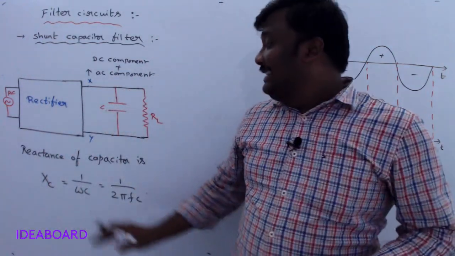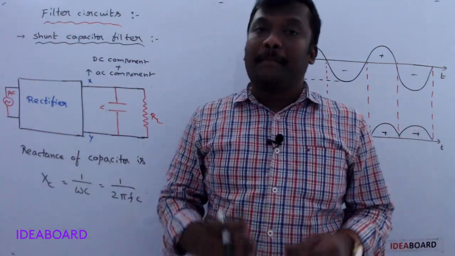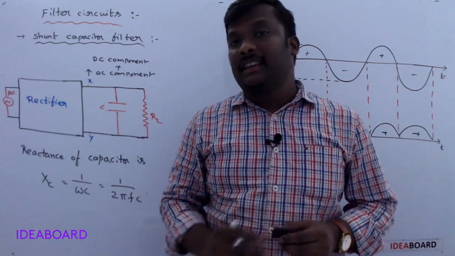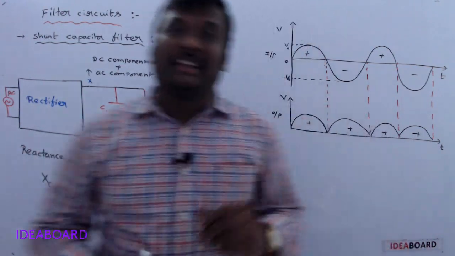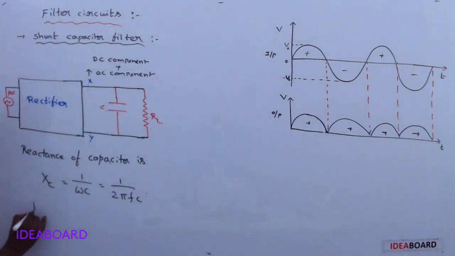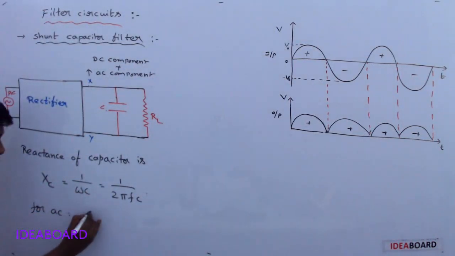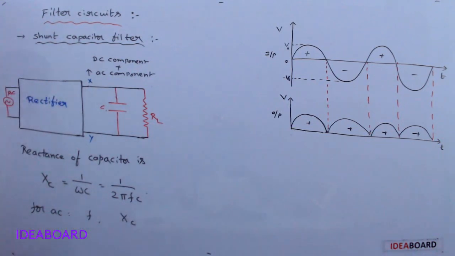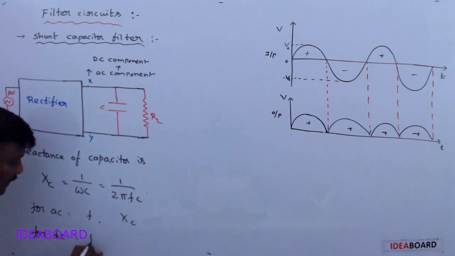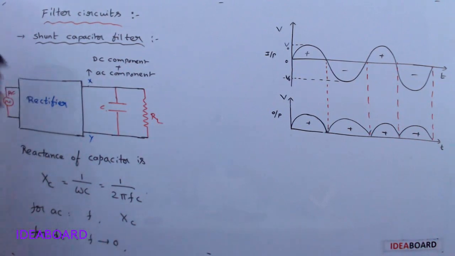Reactance is the resistance offered by the capacitor to AC. For AC we have a certain definite frequency, so no doubt it always offers some XC. But for DC, f is nearly 0.